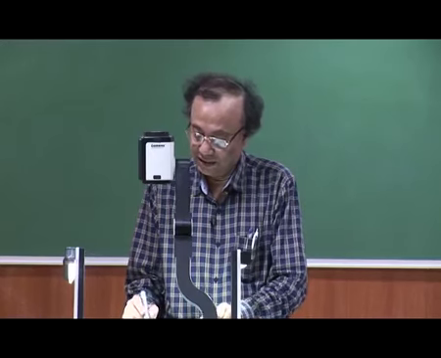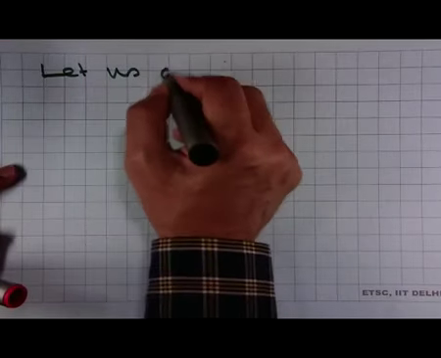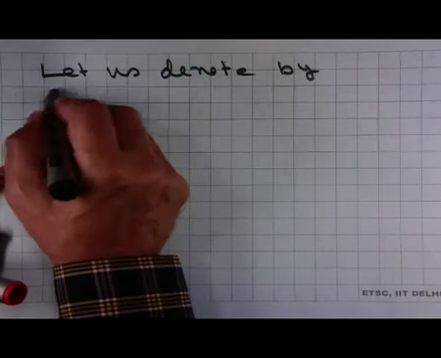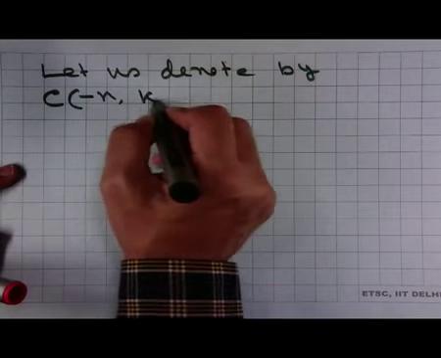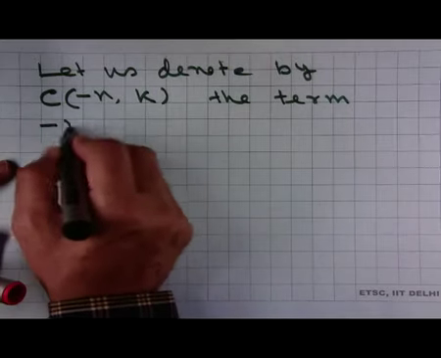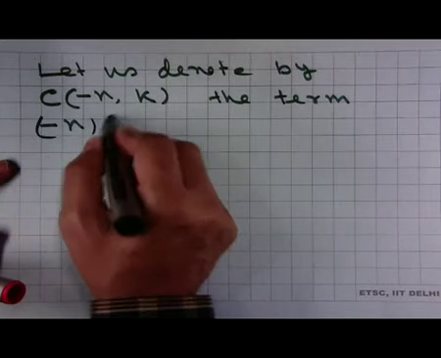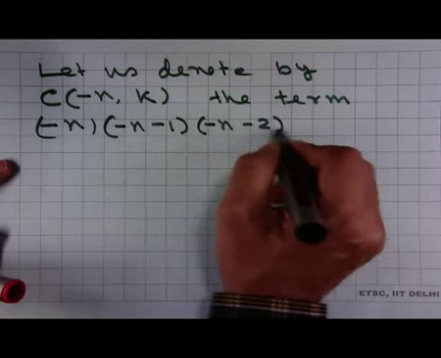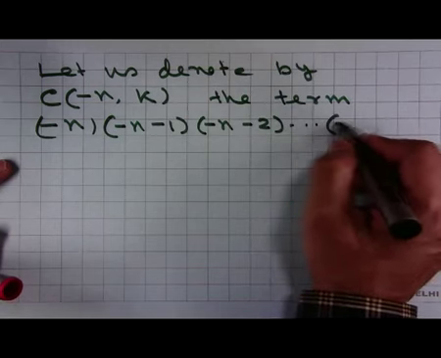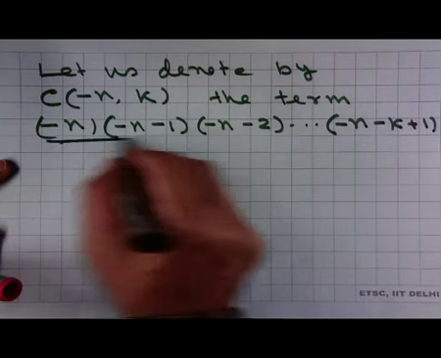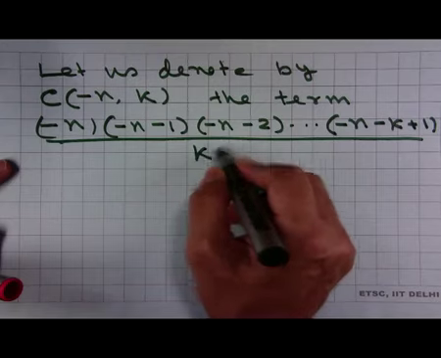So, this gives us the formula. So, let us denote by c minus n comma k the term minus n into minus n minus 1 into minus n minus 2 up to minus n minus k plus 1 divided by k factorial.